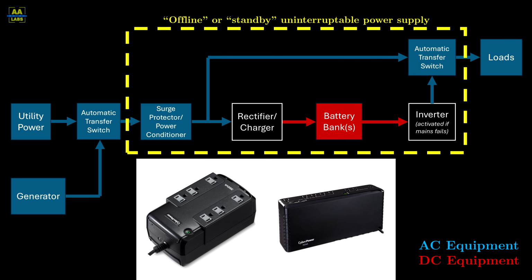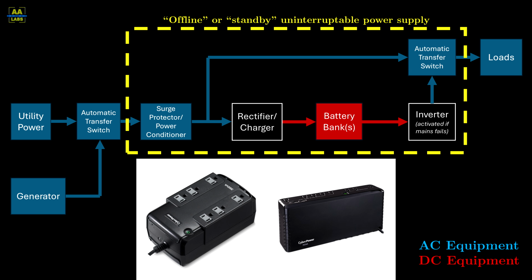The cheaper alternative to an online UPS is an offline or standby UPS. The load is powered by utility or generator power by default, and the inverter only switches on after main power is lost. This results in a mini power dropout in the event of main power loss.